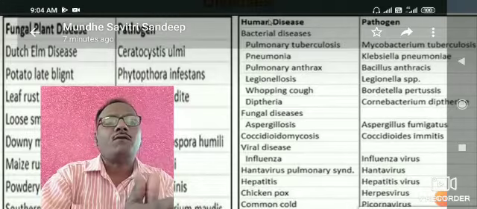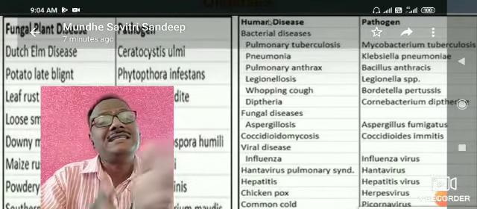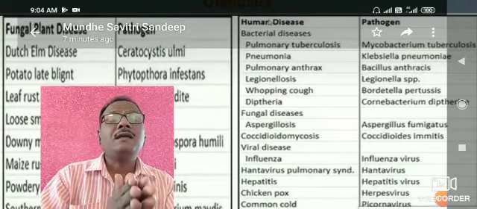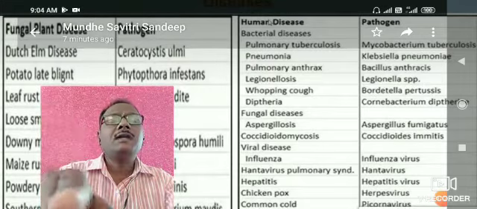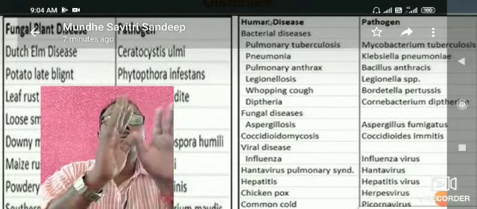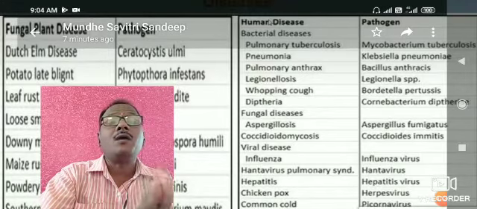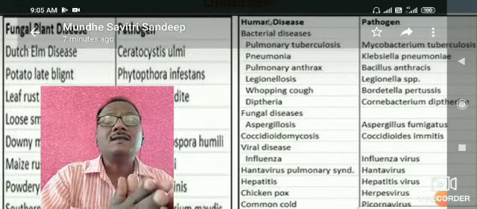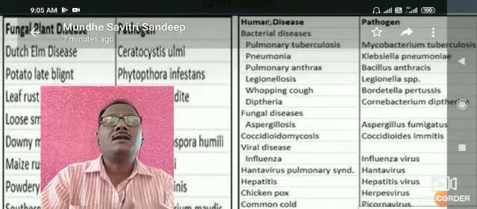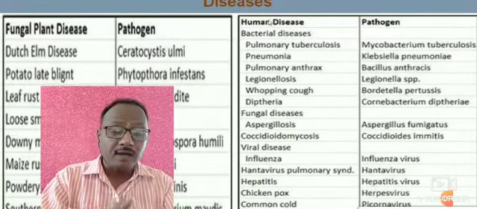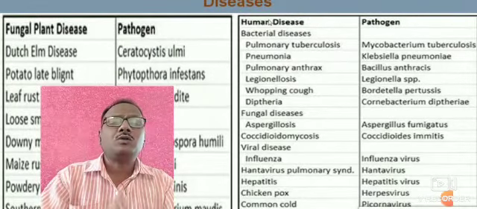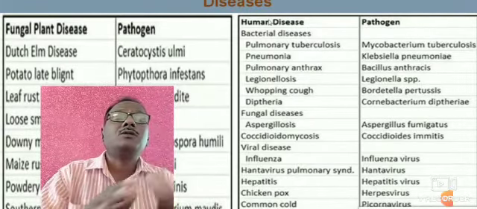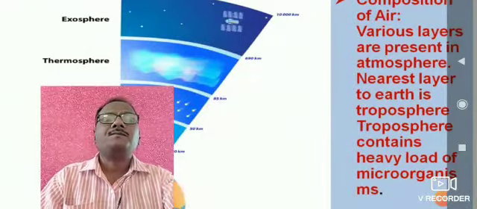These are the viruses which cause airborne diseases. This table shows the airborne pathogenic microorganisms that cause specific human diseases, whether fungal, bacterial or viral, as well as the pathogenic microorganisms themselves.